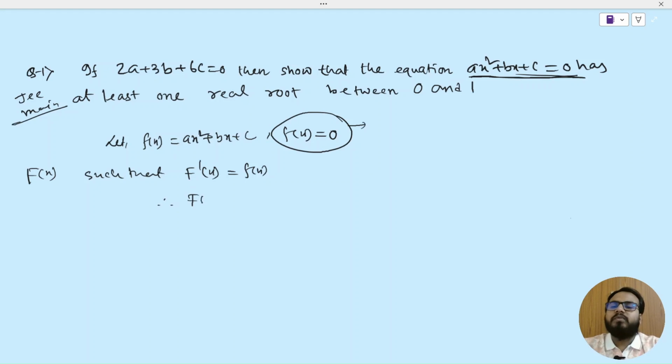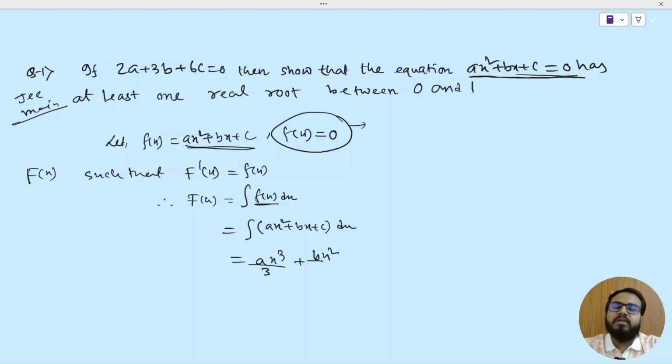Simple. We integrate small f(x) with respect to x. Now, if we put the value of small f(x), we get the integral of (ax² + bx + c) dx. Further integrating, we can write ax³/3 + bx²/2 + cx. Therefore, this is my capital F(x).